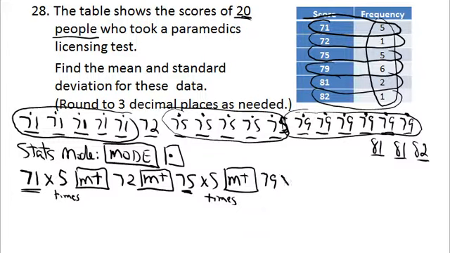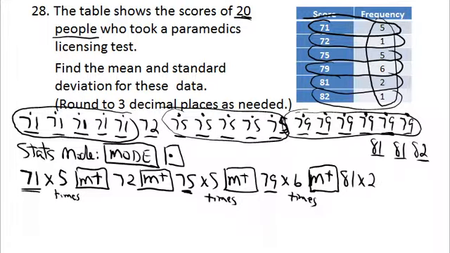So you do times 6 and do M plus. And that enters 79 6 times. And then you do 81. There are 2 of those, so you can do times 2 M plus. And that enters 81 2 times.